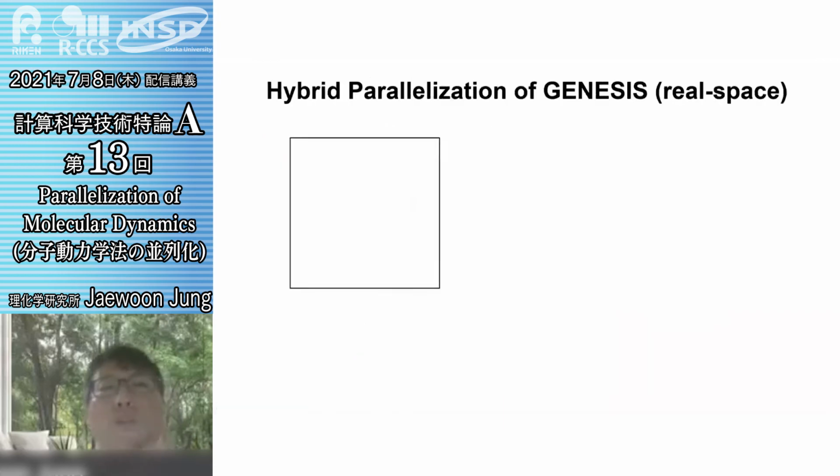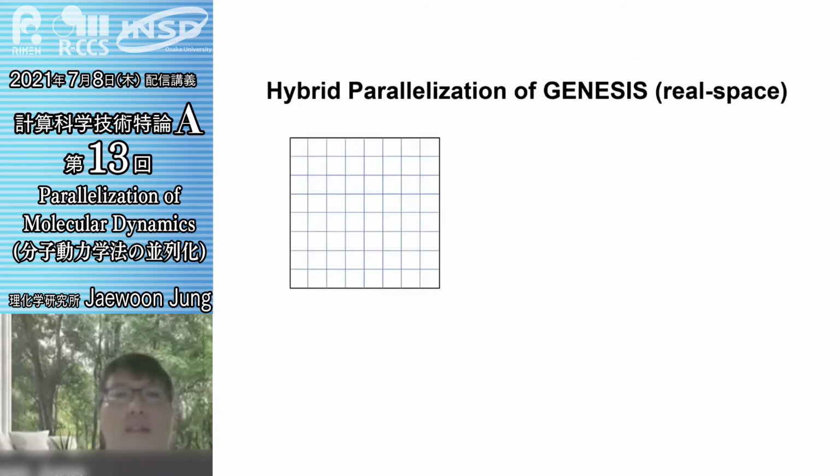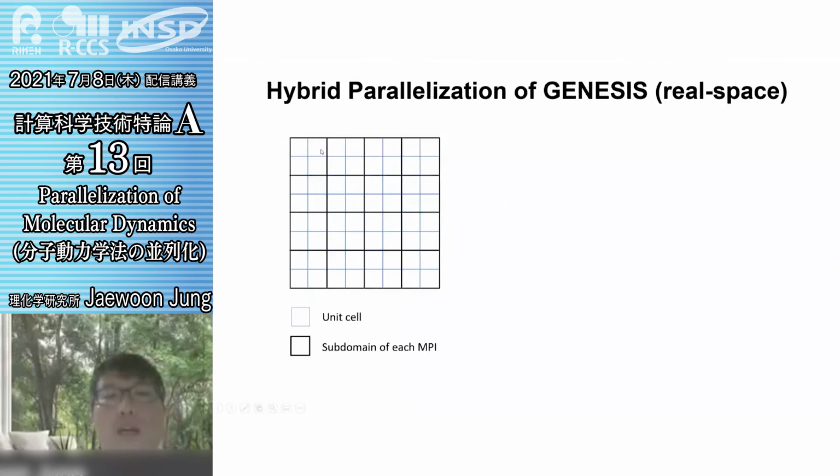And with hyperparallelization, here, if we just assume 16 MPI processors for this system, here I'll just focus on the MPI having this subdomain.